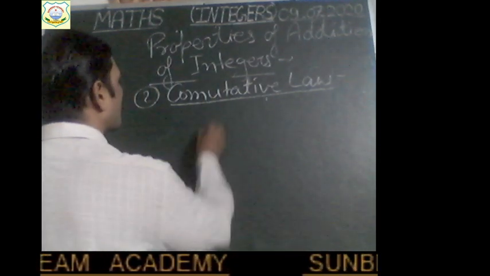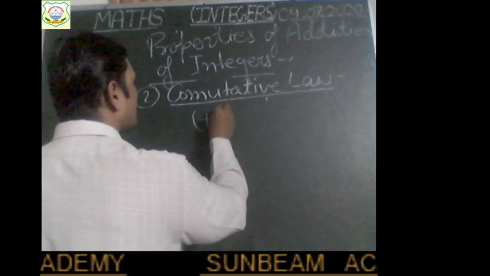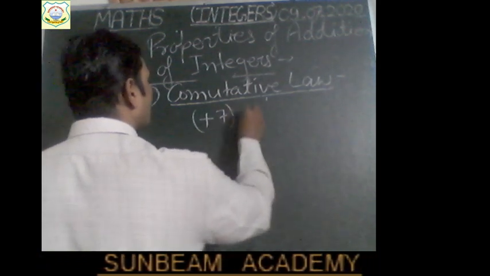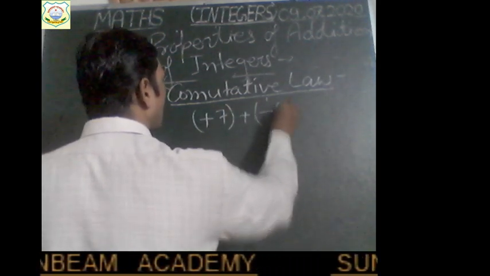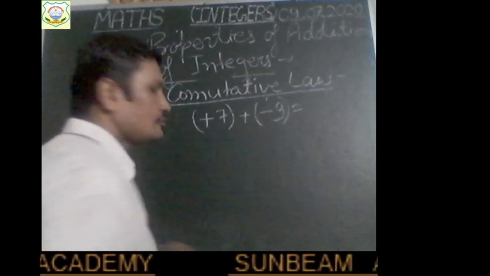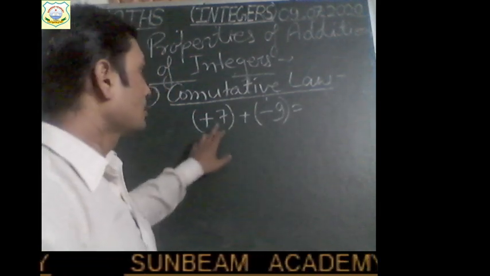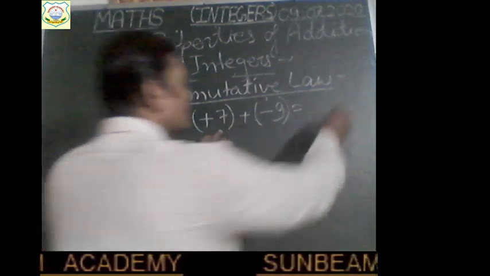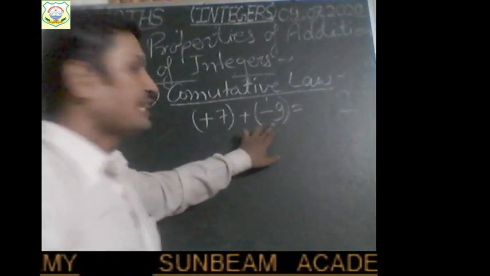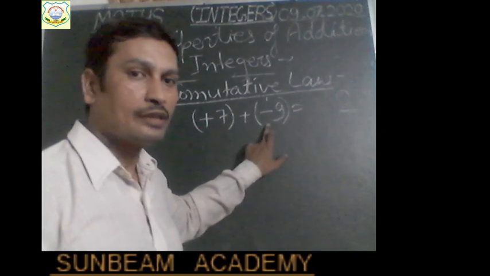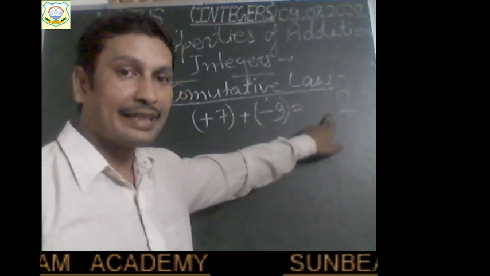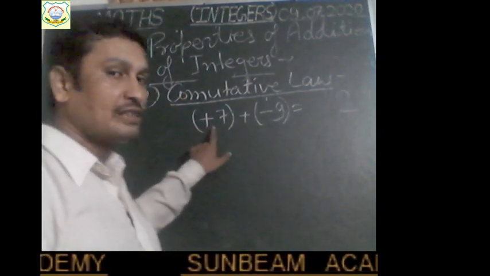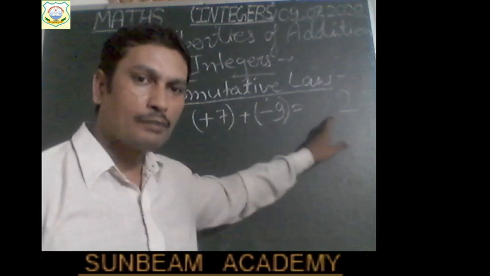Suppose we have to add plus 7 and minus 9. Right? So the signs are opposite, so we will subtract. So 9 minus 7 will give 2. And the negative value is higher, so we will put a negative sign. If positivity is higher, then we will put a positive sign.